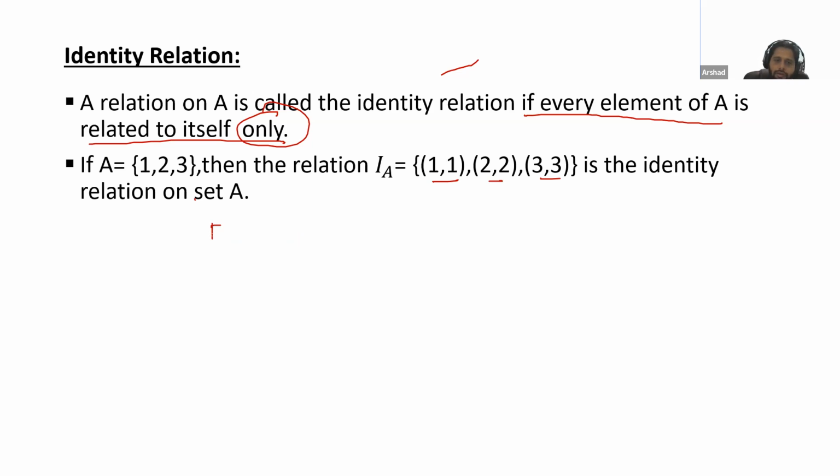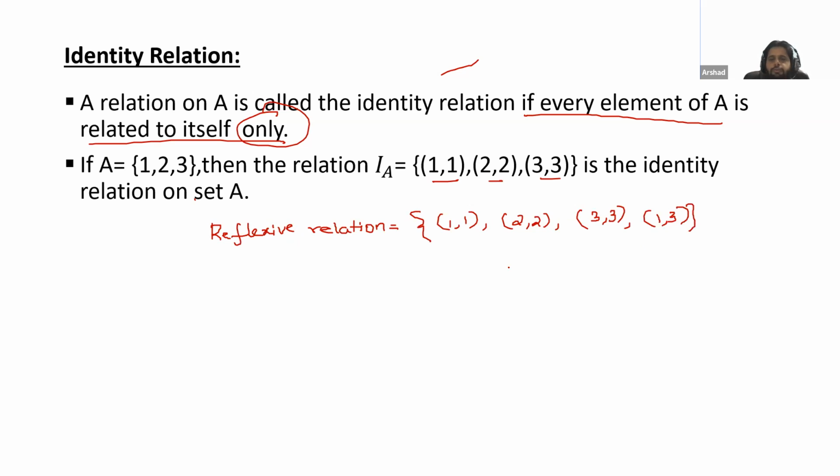Suppose if we need to find the reflexive relation, then reflexive relation can be this one: (1,1), (2,2), (3,3), (1,3). If we take this as an example, then this is a reflexive relation.